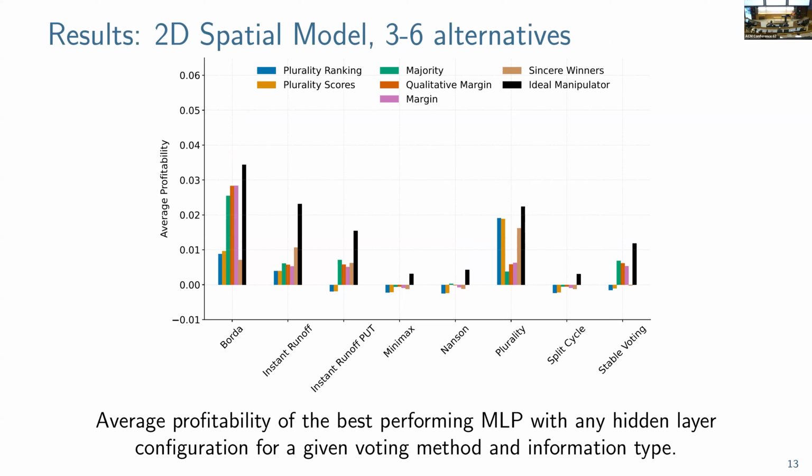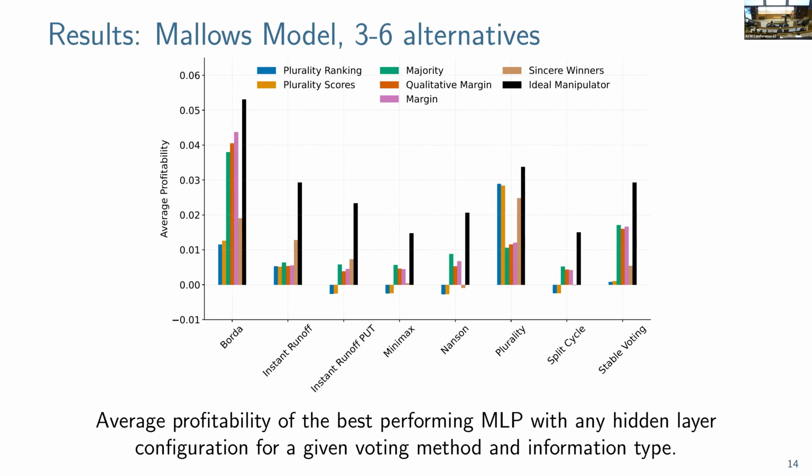But generally, when you're in a spatial 2-dim model, the preferences are better behaved, and you might expect that there's not as much manipulation possible in that case, and that's what you actually get. And Mallows is roughly in between the spatial 2-dim and the random utility. You would expect lots of cases to manipulate in the random utility model, but with spatial 2-dim, you would not expect there to be a lot, and that's roughly what we see.